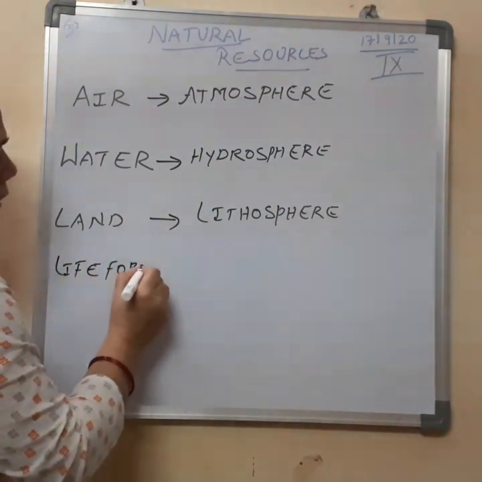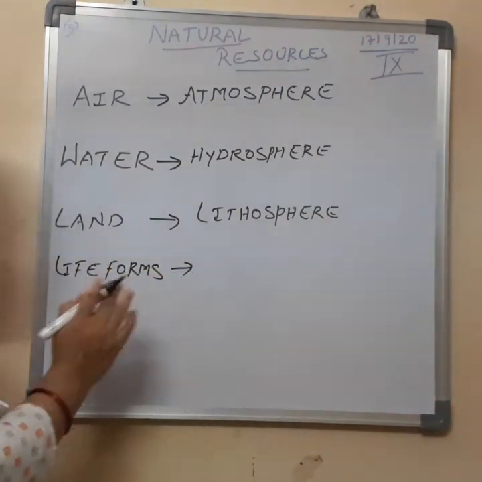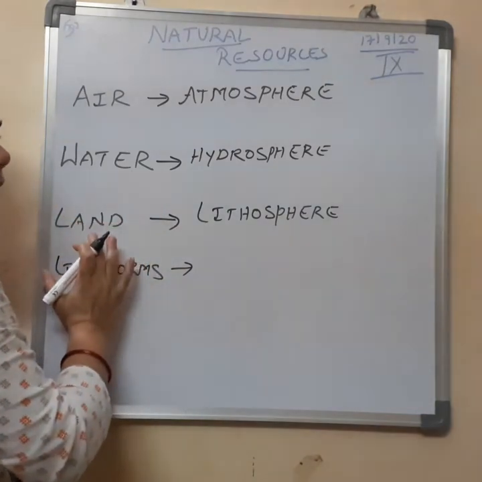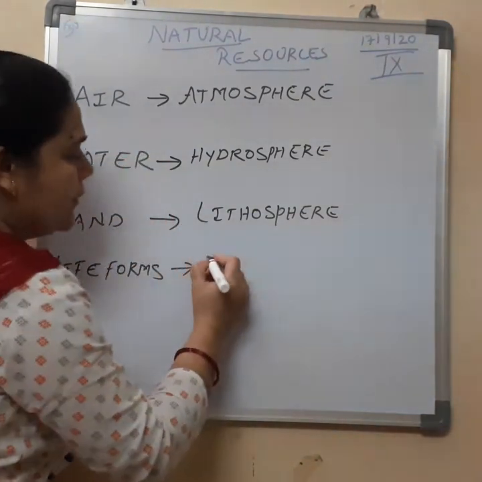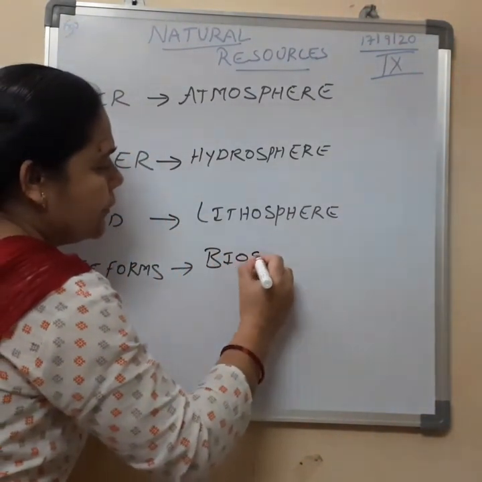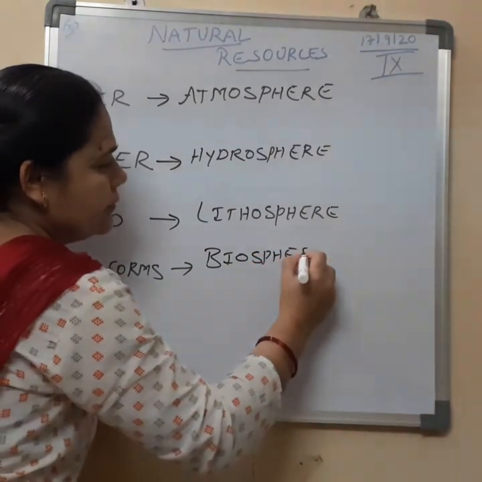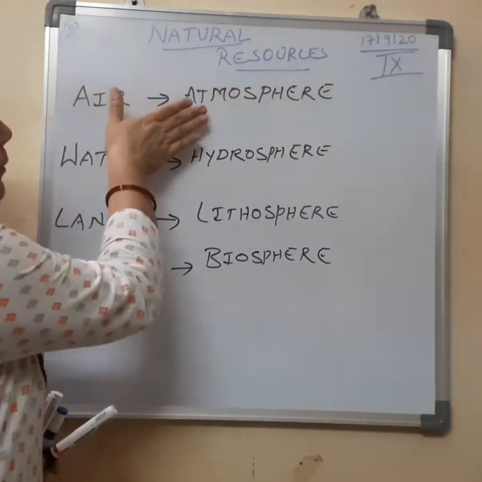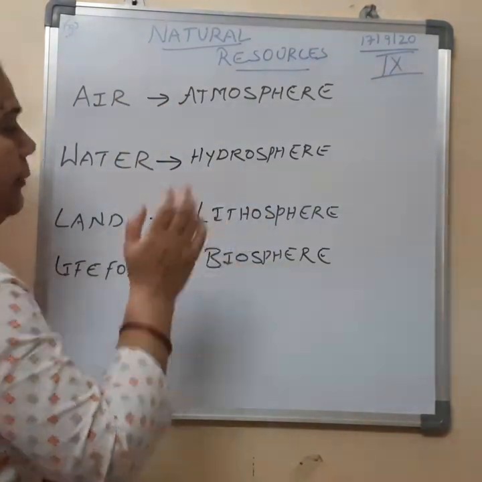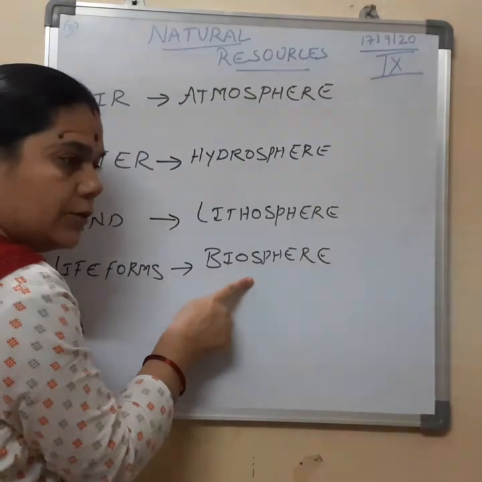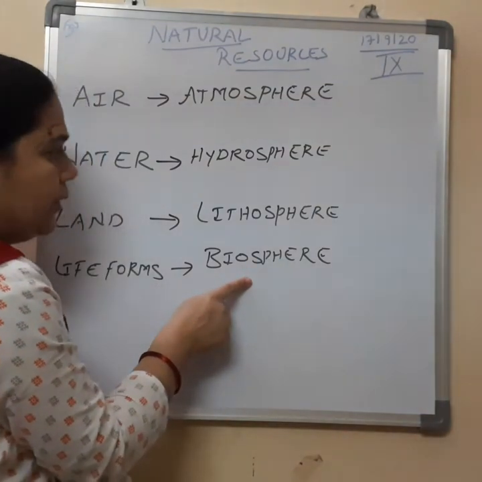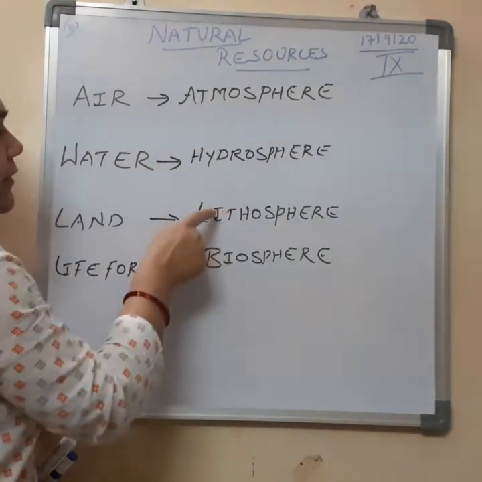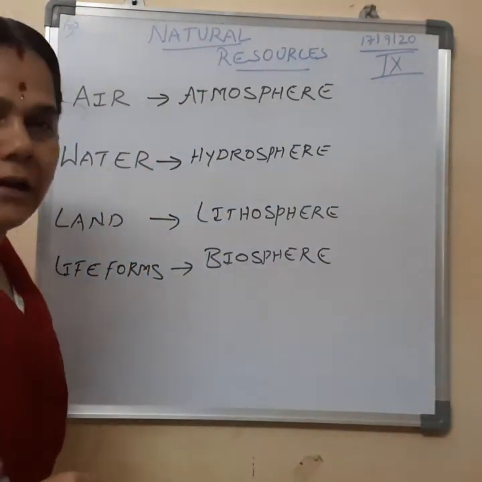So this layer or the sphere wherein the life forms exist, when these three elements are interacting, is called what, children? Biosphere. Am I clear? So now if you see, we have four spheres: atmosphere, hydrosphere, lithosphere and biosphere. And the biosphere is made possible only because of the interactions or the interdependence which exists between air, water and land.